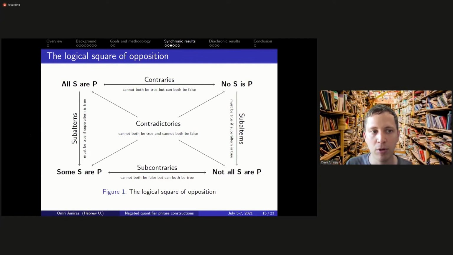So what's important to notice here is that in English and in many other languages, you have 1 word for all, for some, for no, but you need 2 words for not all. And according to this study, I didn't find any counterexample to this universal. And indeed, you always have at least 2 elements, a negative marker and a universal quantifier in this case.